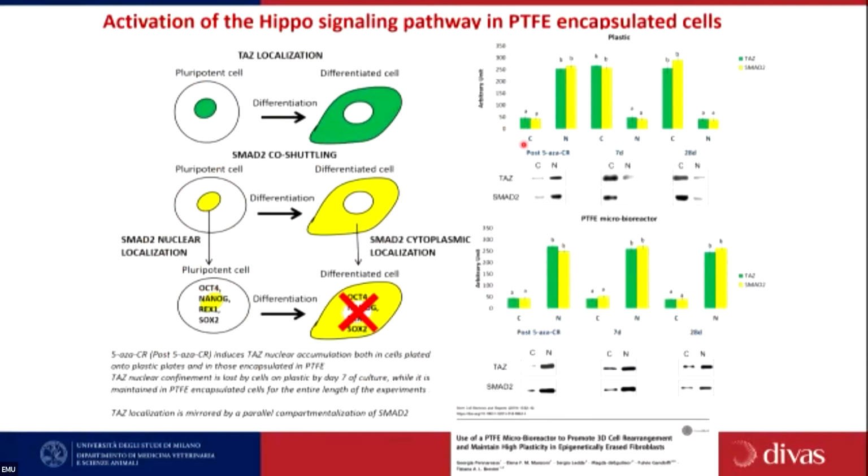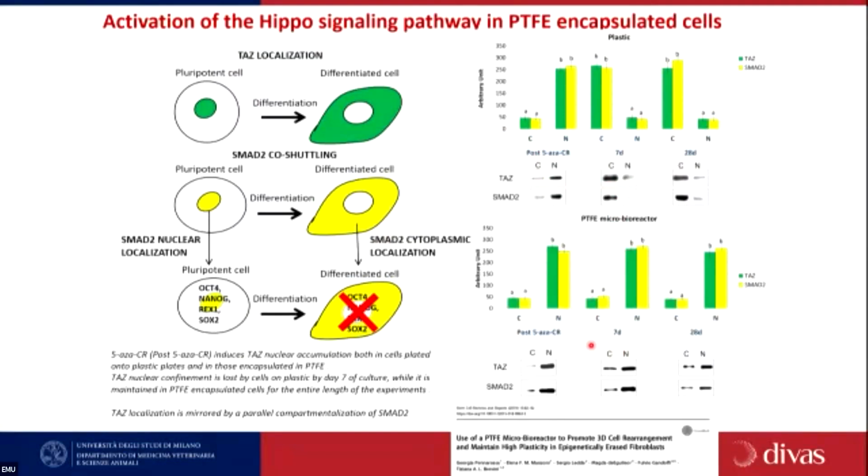And this is exactly the situation when we reprogram cells, as in this case. We can see that if we culture cells in plastic, we get the results. I'm not saying that you don't get the results. The cells are reprogrammed and we get all the expression and so on. But this is very quickly lost. And by day 7, all the YAP goes back to the cytoplasm, which basically means it goes back to a non-pluripotent condition.